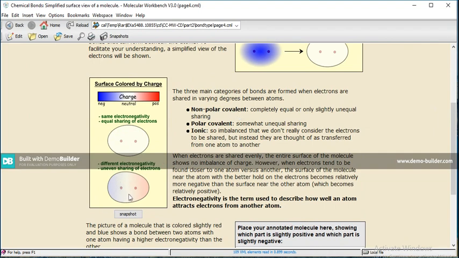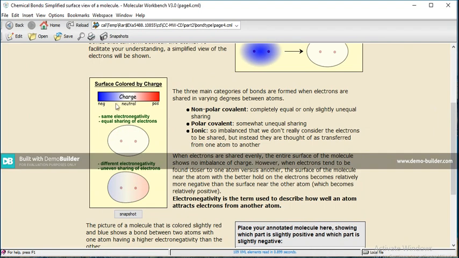Another option is when there is a difference, but remember, a difference which is less than 2.1, there is the formation of poles, two poles, positive pole and negative pole. As you see here, the positive pole is characterized by the red color, and the negative pole is characterized by the blue color.